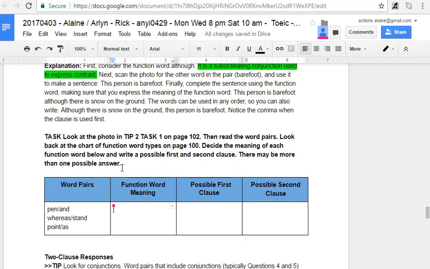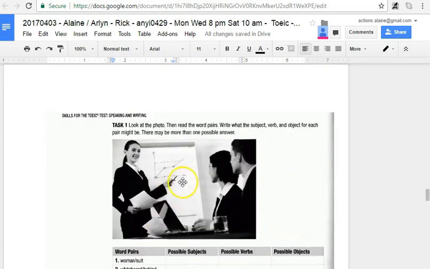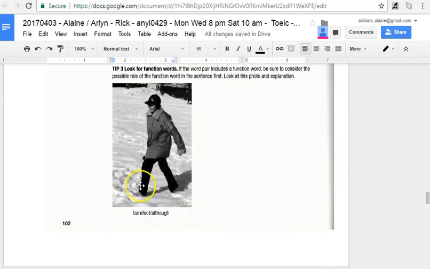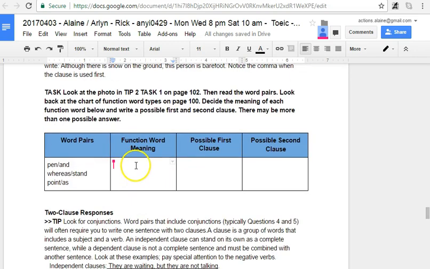For example, function word or meaning, pen and. So what is the function of the pen in the first picture? It is being used to point at the whiteboard, right? So the function word is point.